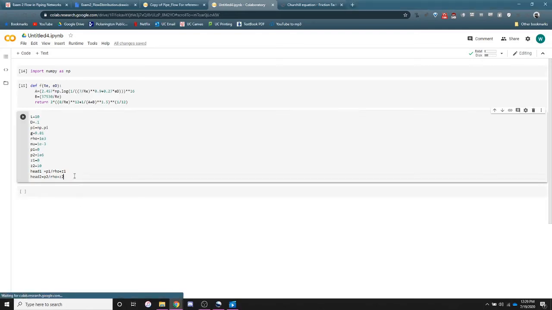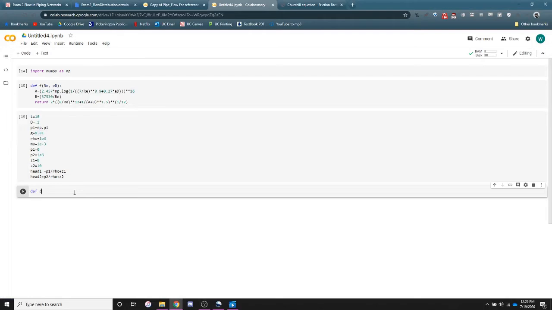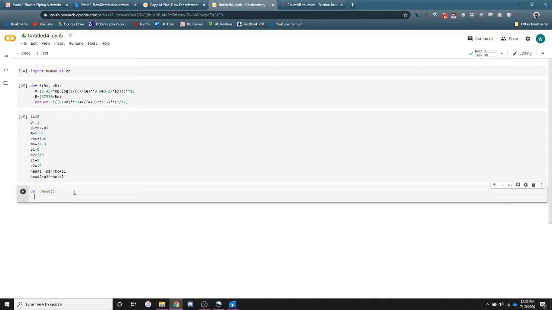Now that we have the info for our pipes and a way to calculate f, we can start defining the function dhead to be the change in head. We can figure out what goes into it later, but at the end of it, we need to return -2 times f times L times V squared divided by g divided by D. That's really nice, but how do we do that?